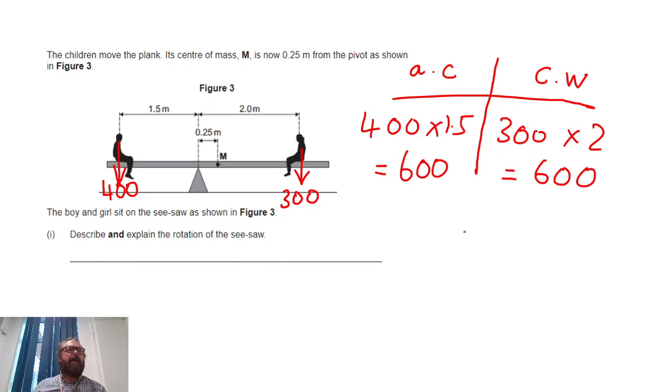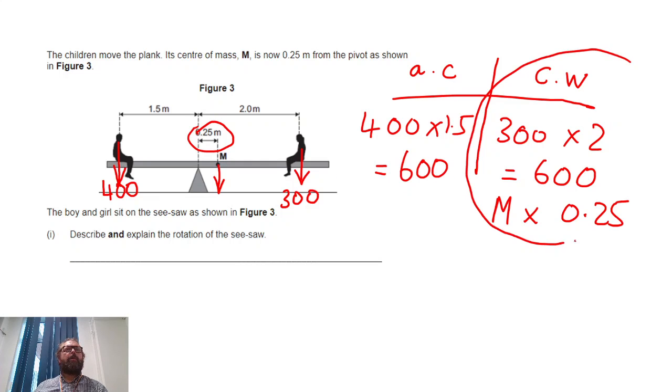But because the pivot has been moved, you've also now got the mass or the weight of the plank being used as the seesaw times 0.25. So in this case, because there's the weight of the plank acting down this far from the pivot, there's going to be more clockwise moments than anti-clockwise moments, and the seesaw will move downwards this way.